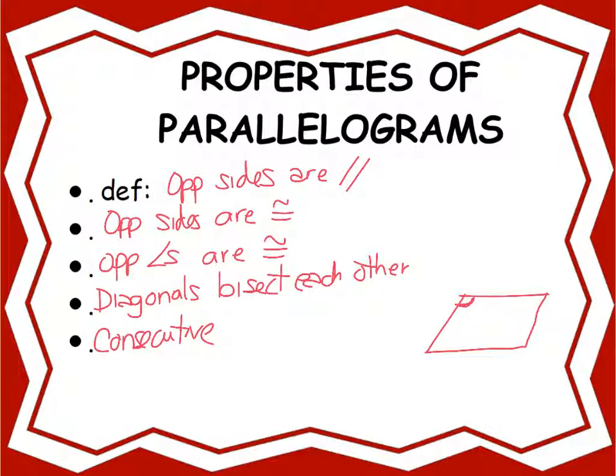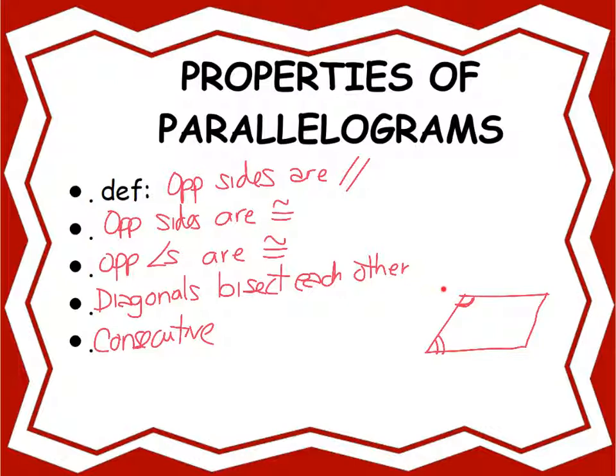This angle right here is consecutive with this angle here. As you wrap around, you could say that this angle right here is consecutive to this angle. And as you wrap around, consecutive means one right after the other as you wrap around. Okay. And again, not congruent because one's acute and one's obtuse.